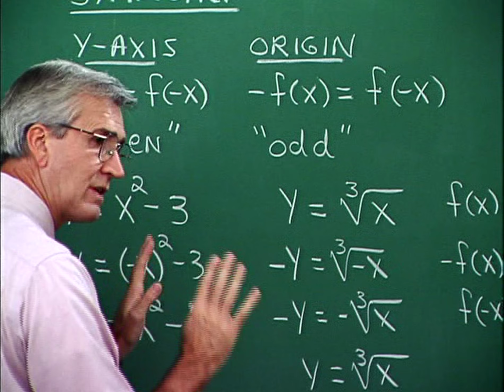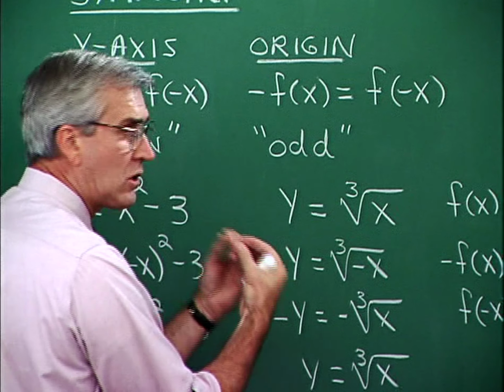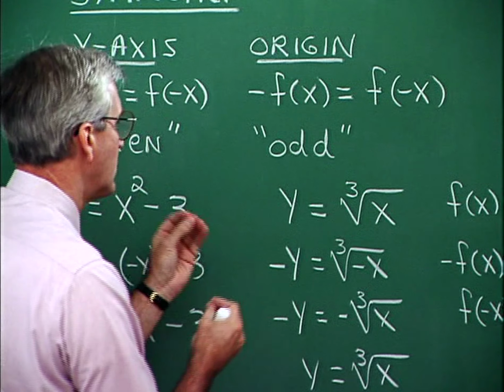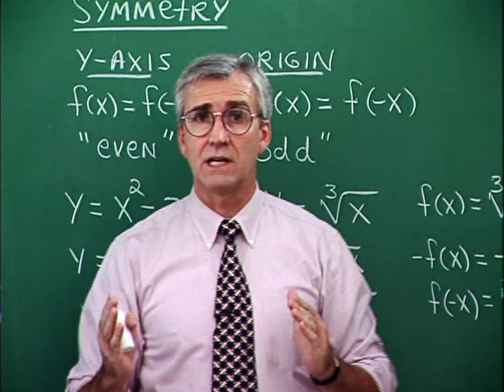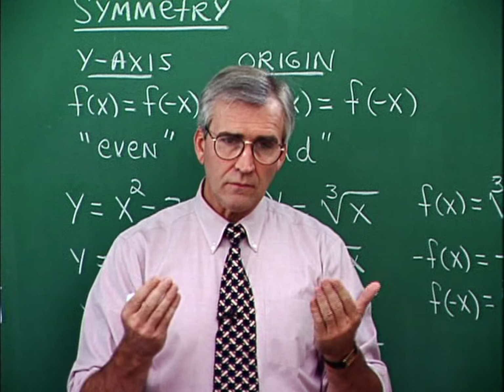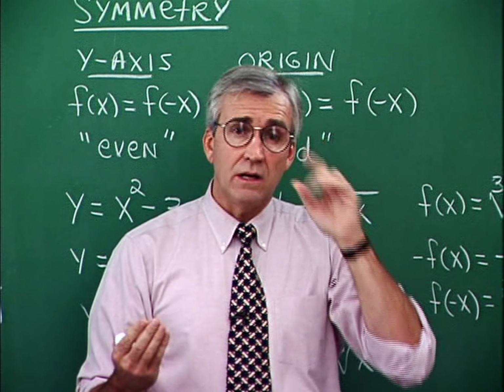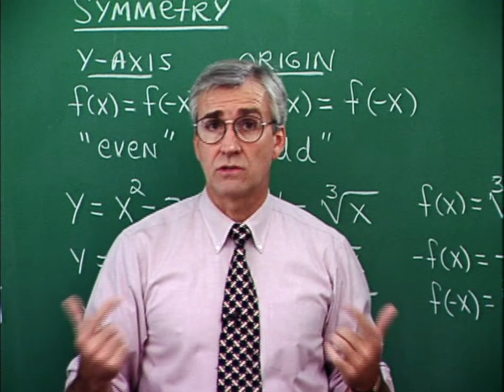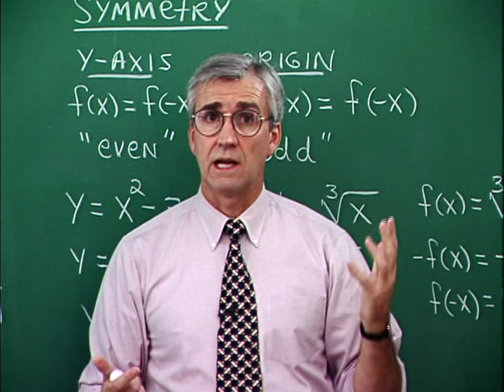Now, here's an example. I'm going to show the example in the way that we talked about symmetry about the origin before. That kind of symmetry involved a double replacement. We said that if the point (x, y) is on the graph, then the point (negative x, negative y) is also on the graph. That comes from that double folding idea.